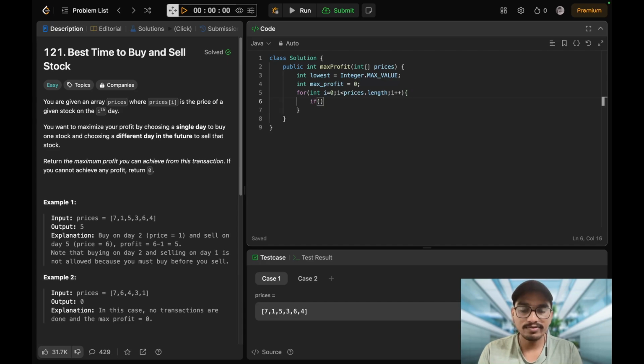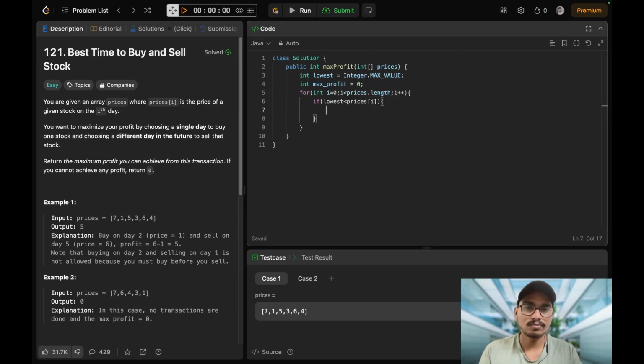If lowest is greater than prices[i], then lowest is equal to prices[i].